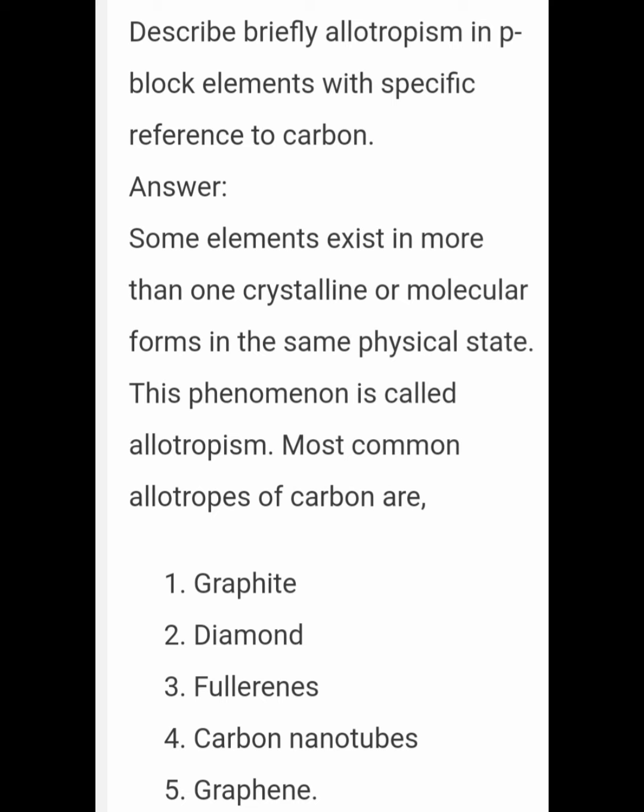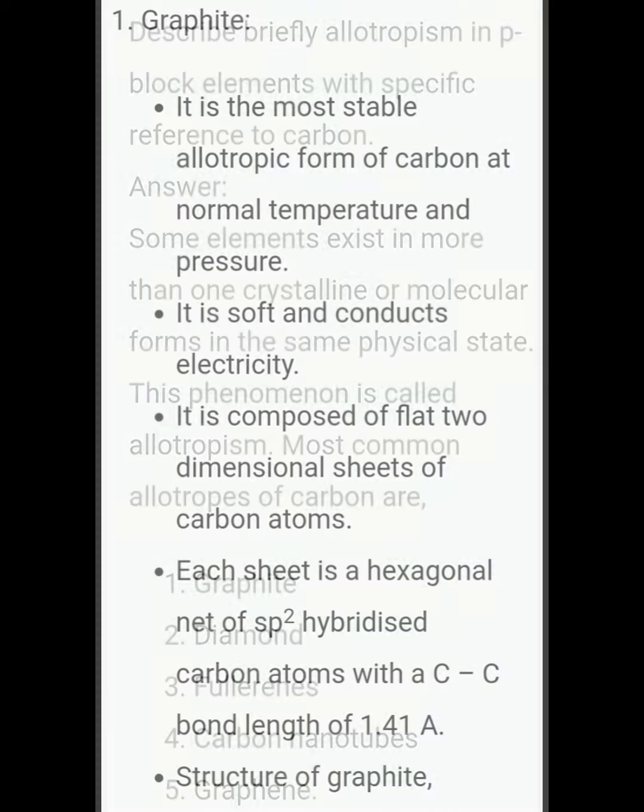Other important allotropes of carbon are graphene, fullerenes and carbon nanotubes. These are the 3 extra you are going to study in 12th standard. So graphite, diamond, then graphene, fullerene and carbon nanotubes are the allotropes of carbon.